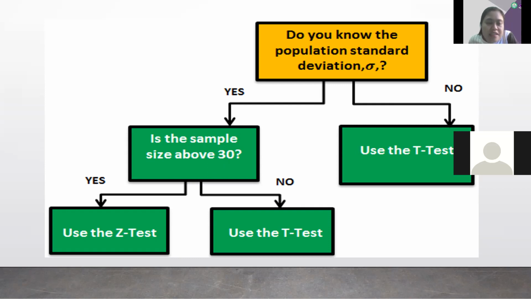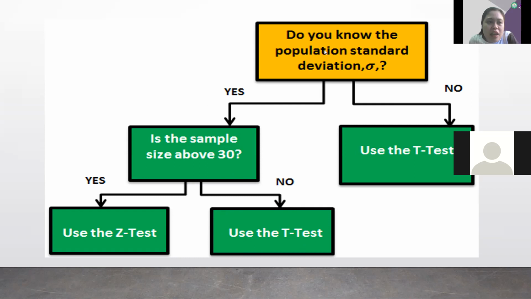Remember, the Z-test is only used if you have more than 30 samples. So again, use the Z-test here if the sample is above 30 and you know the population standard deviation. But even if you know the population standard deviation, but the sample is less than 30, you use the T-test. Okay? Use the T-test here.